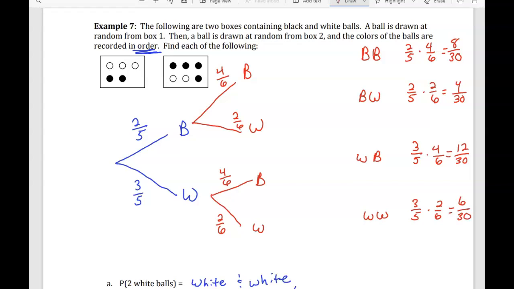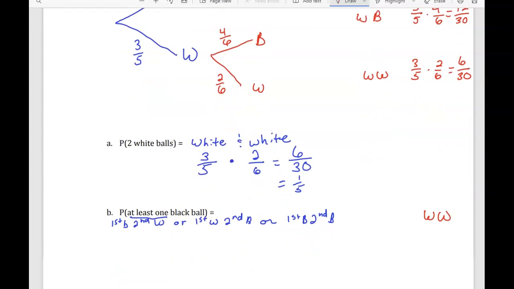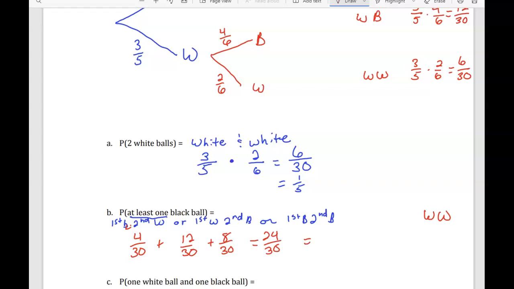So at least one black is all three of these, and so I can add these three up. I can take the black and white, which was the 4 out of 30, the white and then black, which was 12 out of 30, and then the black and black, which was 8 out of 30, and I get 24 out of 30, which simplifies into 4/5.